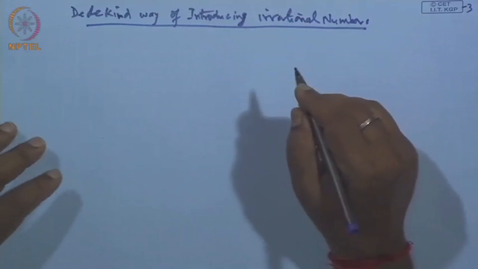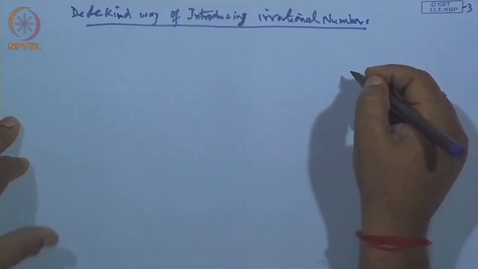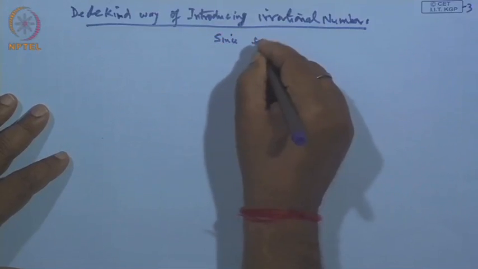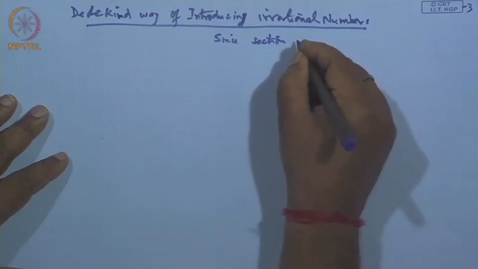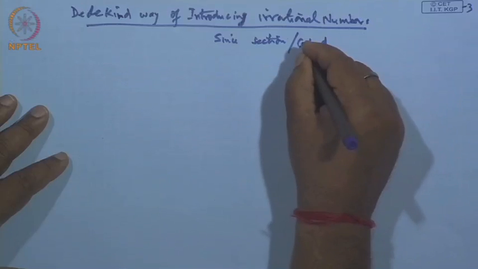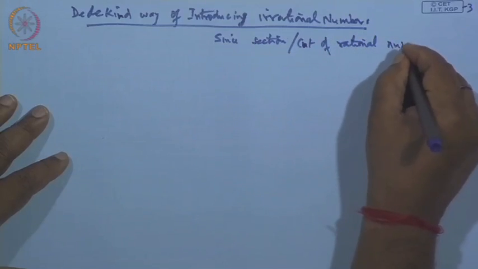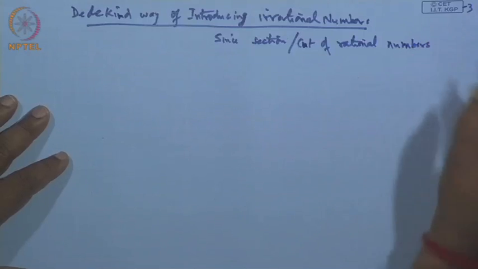Okay. So, what is a section of real numbers? Since sections, all cuts of rational numbers, are of three types.